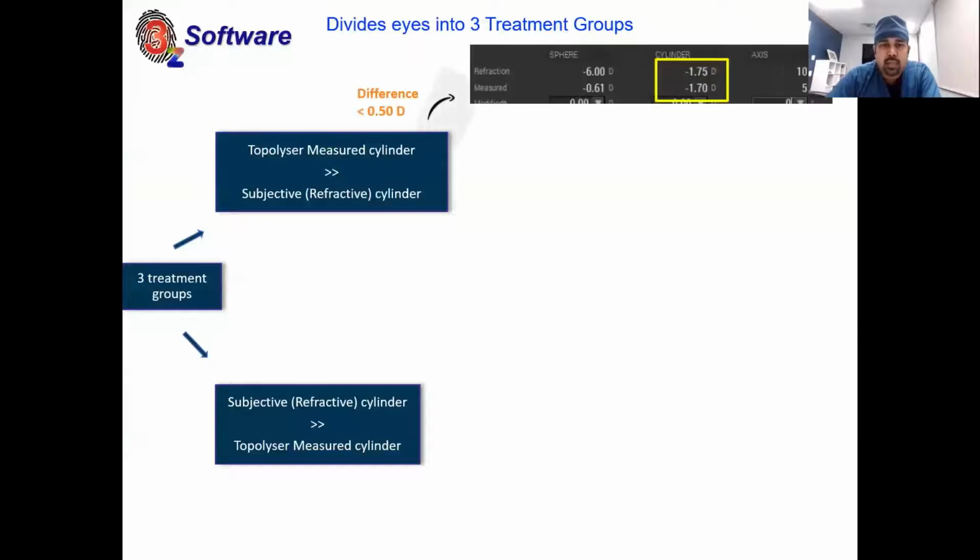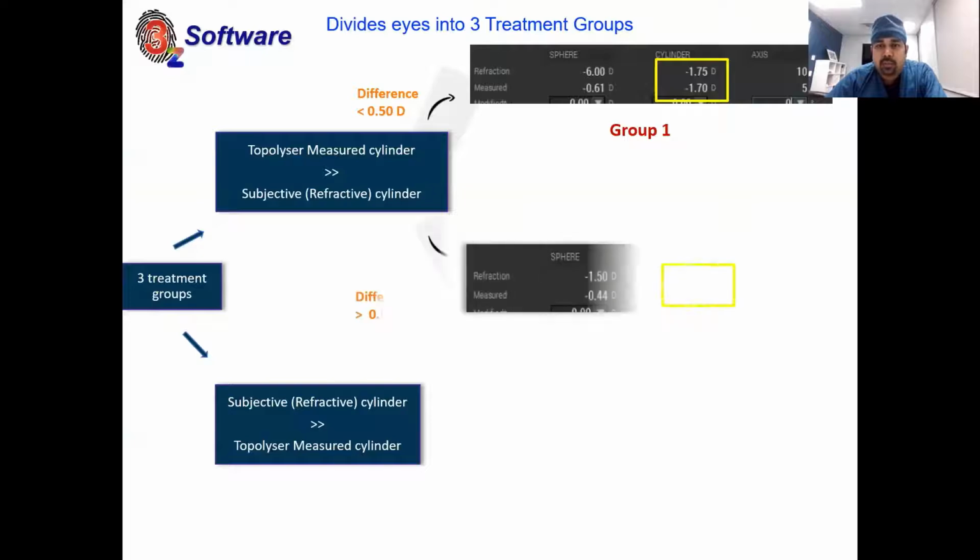Basically what we did was, we divided patients into 3 groups. The top group was one where the difference between the refractive and the measured cylinder was less than 0.5.